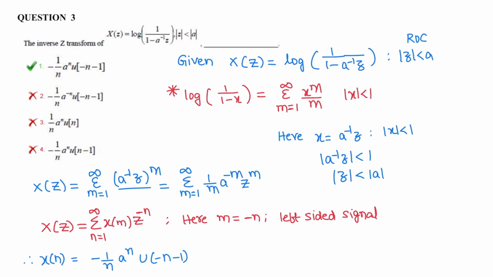So here z is z power plus m, and in the z transform it is z power minus n. So replace m is equal to minus n for a left sided signal. Then we will get x of n is equal to minus 1 by n a power n u of minus n minus 1 for a left sided signal. Therefore correct answer is option 1.